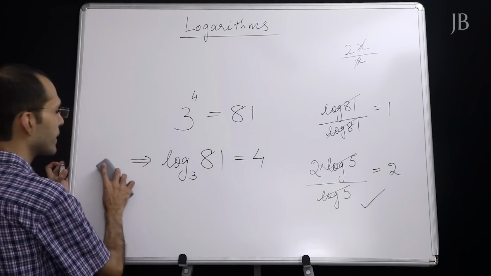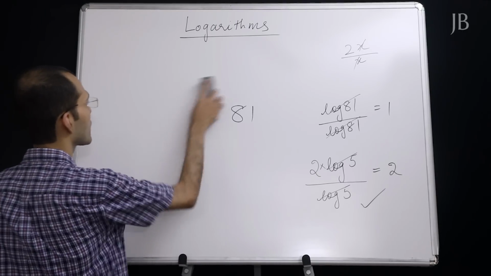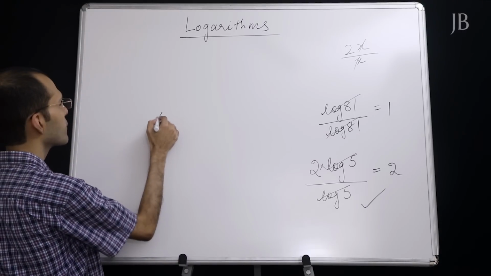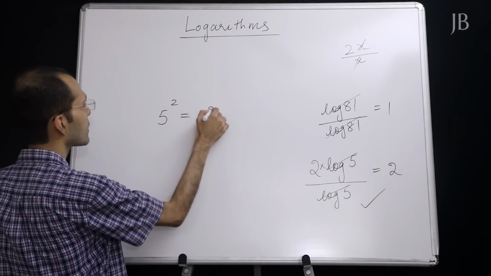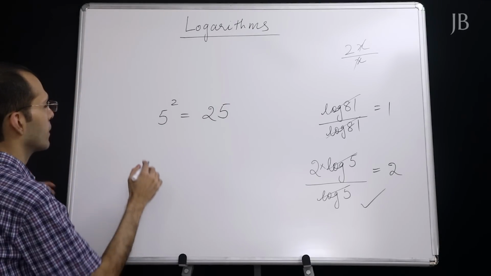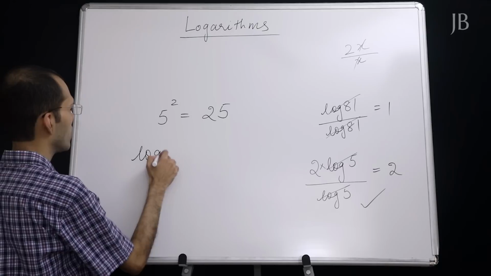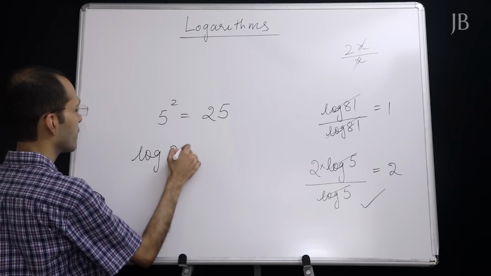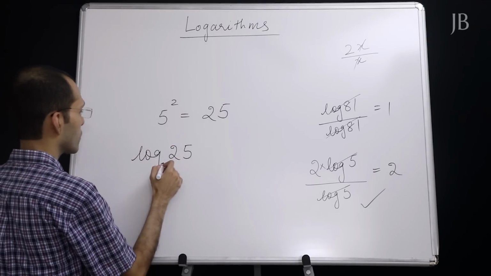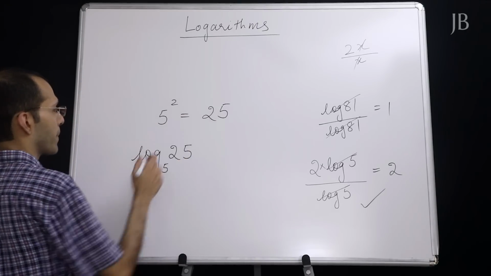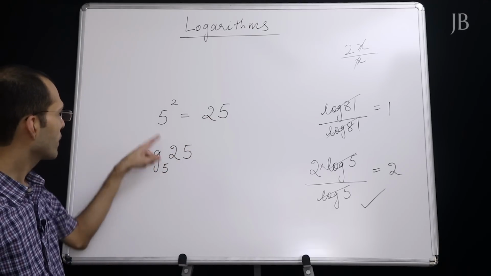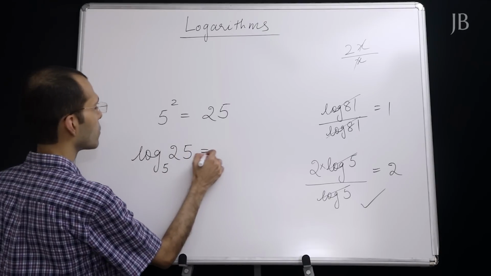Let us take one more example. Phi raised to 2, how much? 25. Phi raised to 2 is 25. So log of 25 to the base phi, log of 25 to the base 5. How much is the index here? 2.